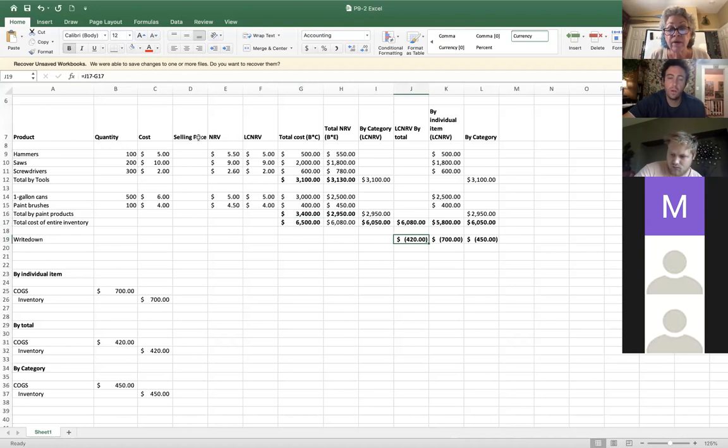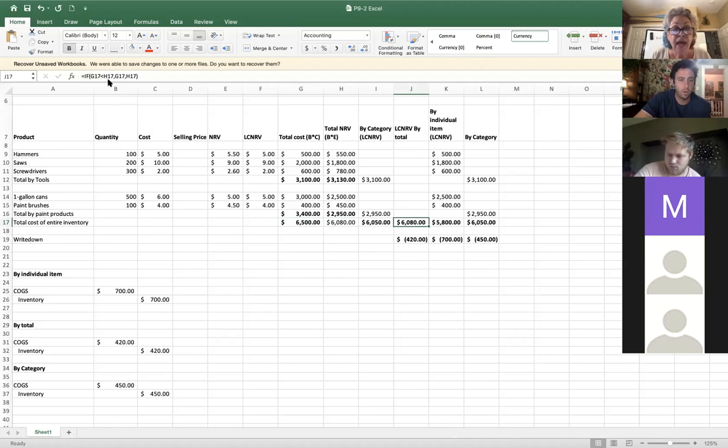See, I compared J17, which is the total NRV, quantity times NRV. I compared it to cost, and I said, put the lower.